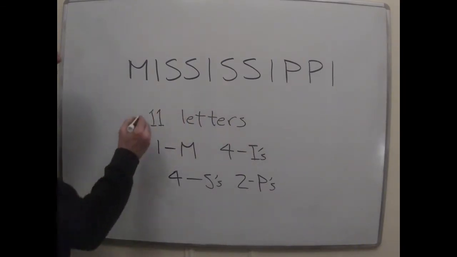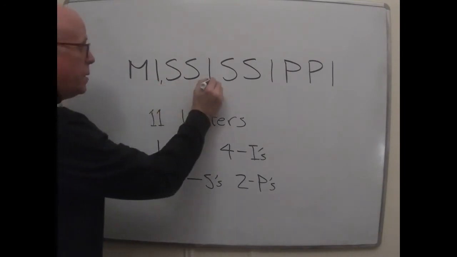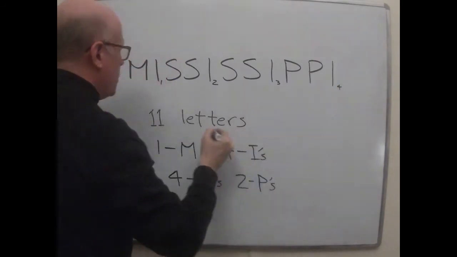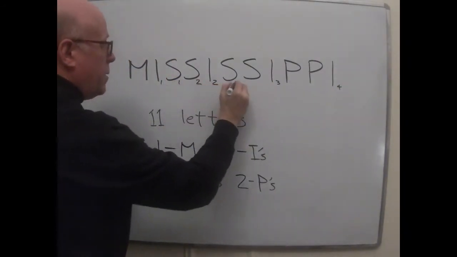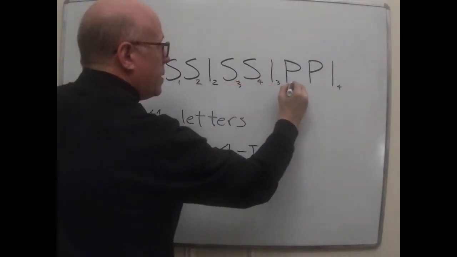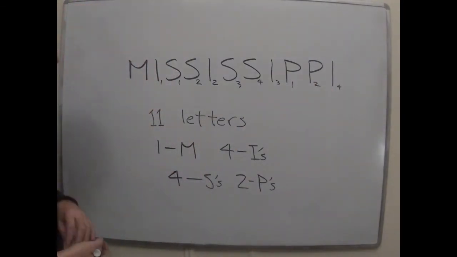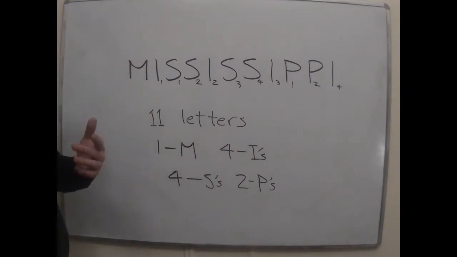You could think of this as putting some subscripts on all the I's, for instance, and also on the S's and on the P's. You don't really need one on the M, it's by itself, but now you've got distinguishable things, so 11 factorial is right.